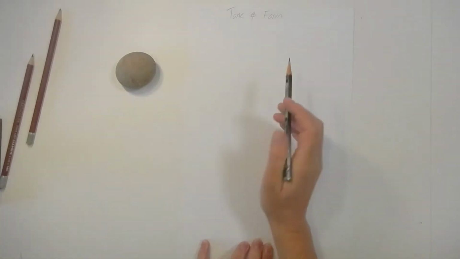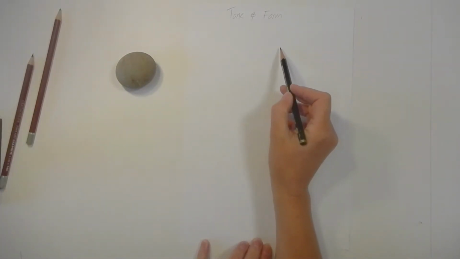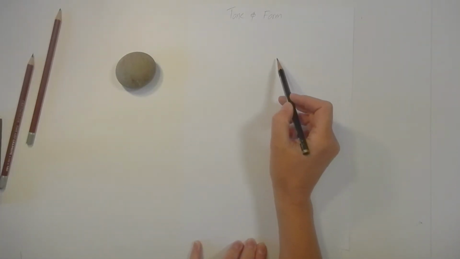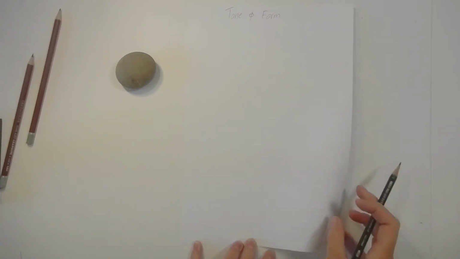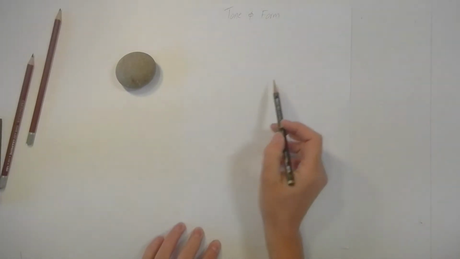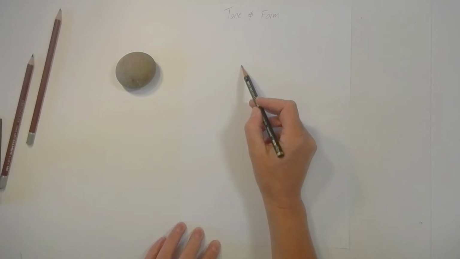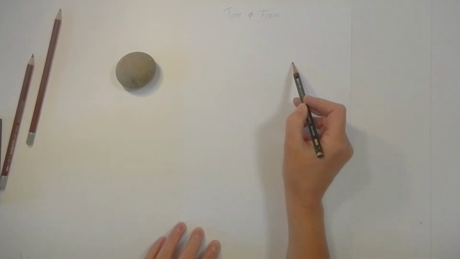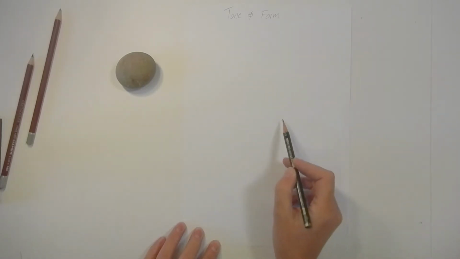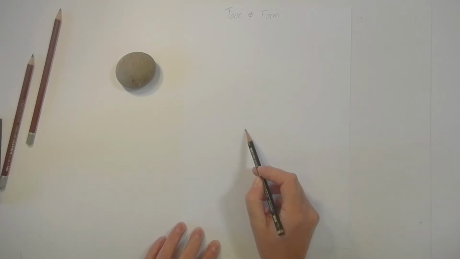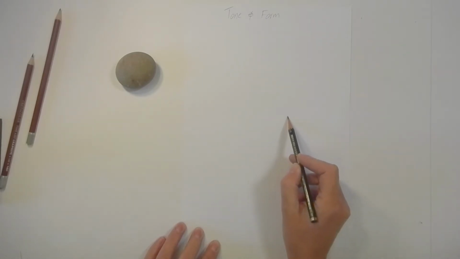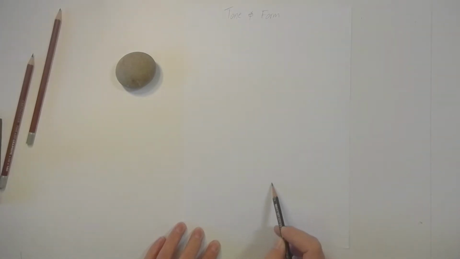So I have my little pebble here, got light shining on it. I do need to split my page in 3 for you to see. Very lightly I'm going to draw the outline of this pebble. It's for exercise purposes, so I don't need to be completely accurate with my drawing.